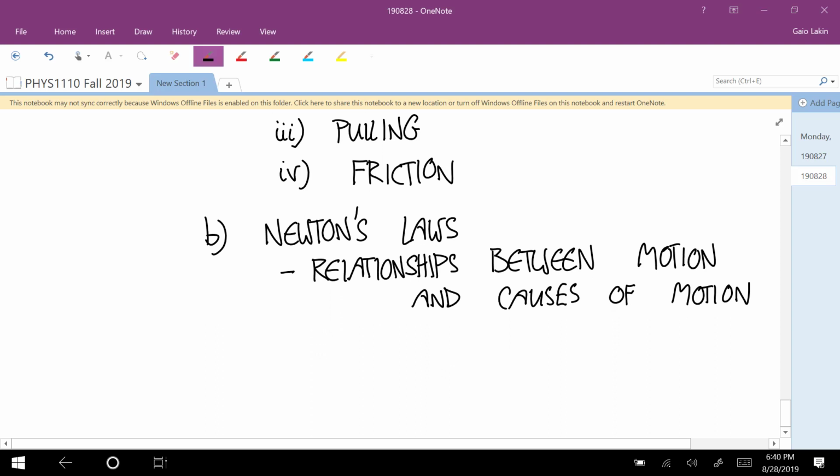And the laws that we're going to talk about are Newton's second law, that's the most important equation in this class, and you've probably heard of that one before. That's F equals ma.